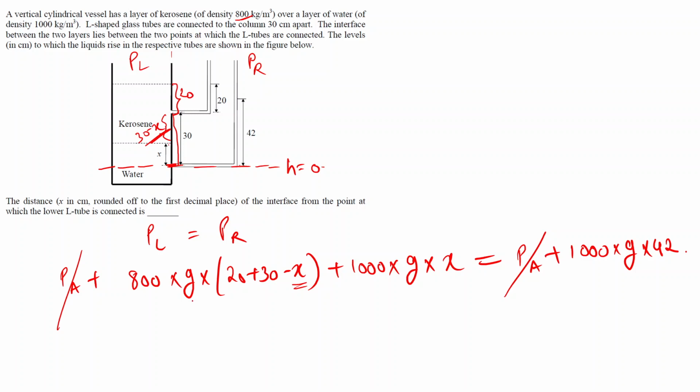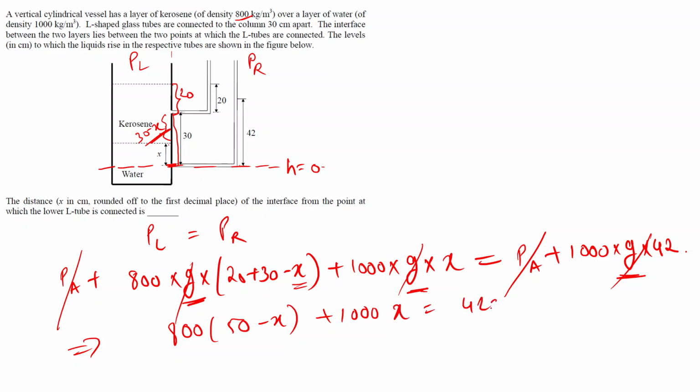This g is also common on LHS and RHS, so we'll cancel that out. And on simplifying, we will be having 800 into 50 minus x plus 1000x is equal to 42,000.